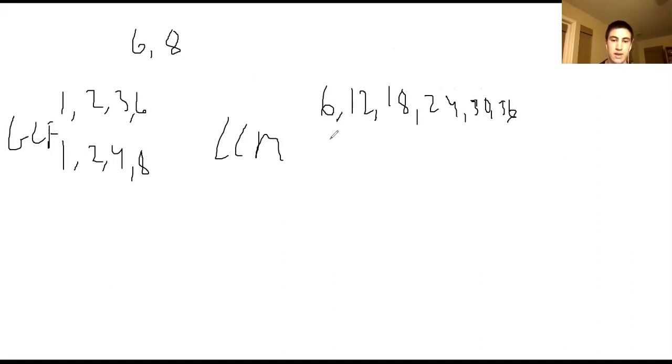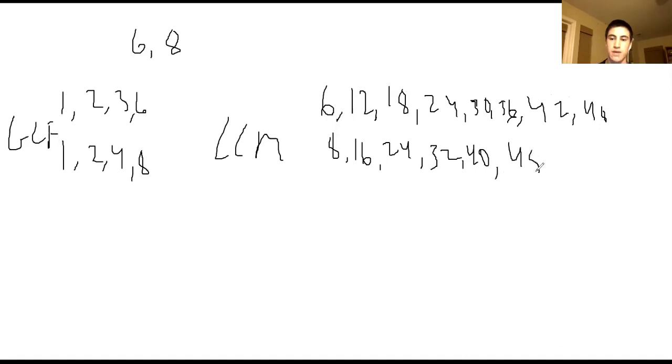And then we list out the multiples of 8: 8, 16, 24, 32, 40. In this case, there's only one multiple that's the same. But if we went further on, we'd get to 48 and 48. So now we have 2 common multiples between these 2 numbers, 48 and 24.